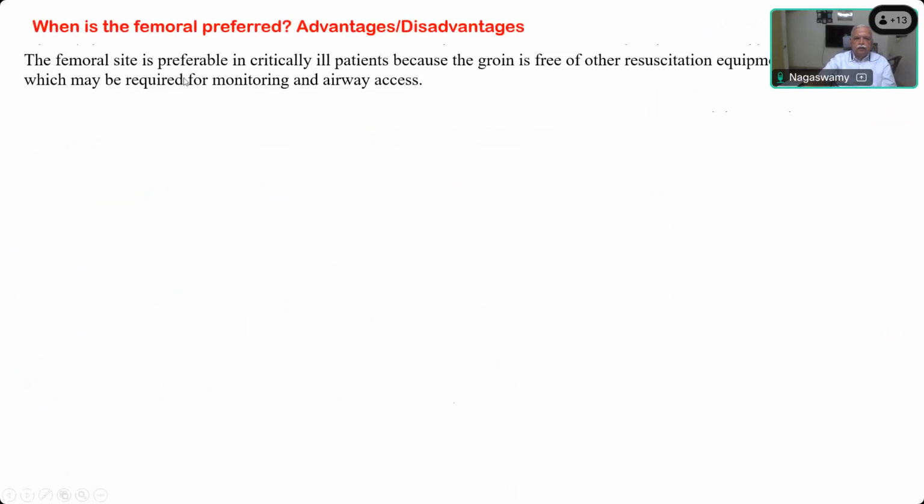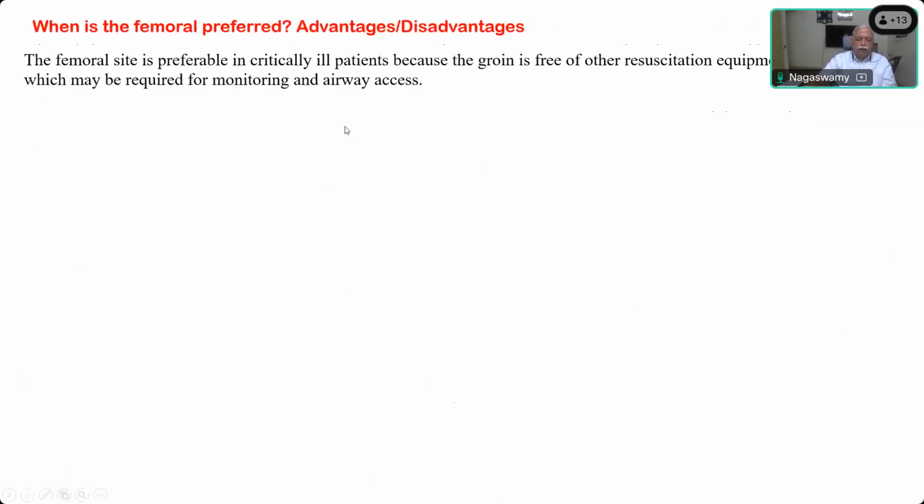And when is the femoral vein preferred? Advantages and disadvantages. Of course, it's a site for patients who are critically ill, especially patients who have burns on the upper part of the body with sparing of the lower part.